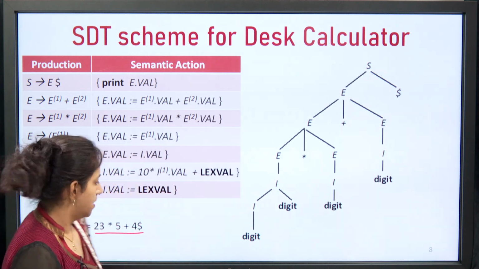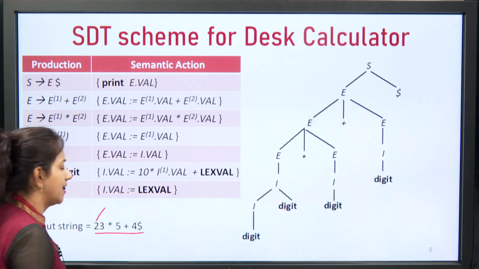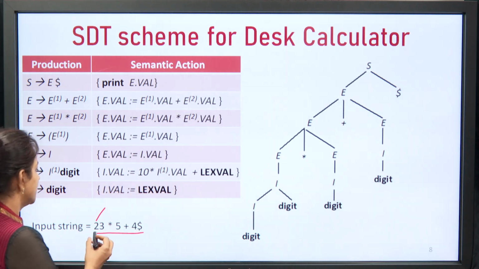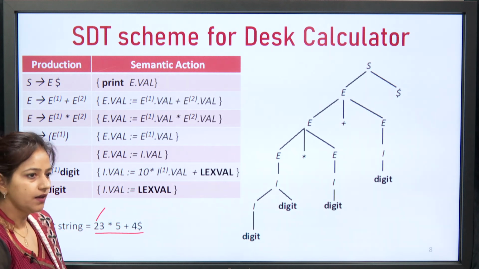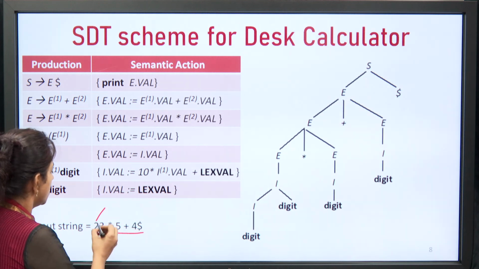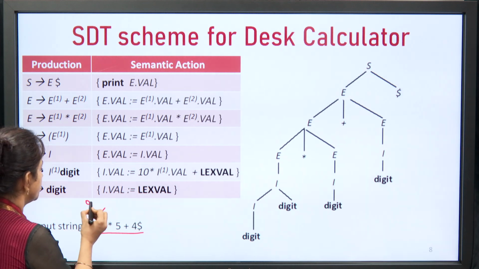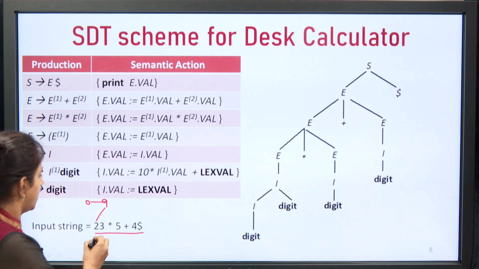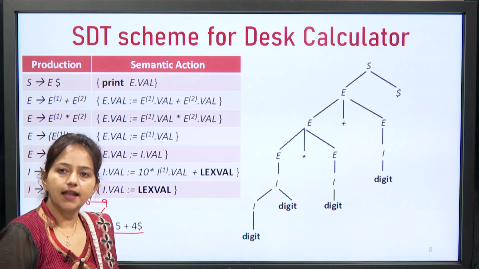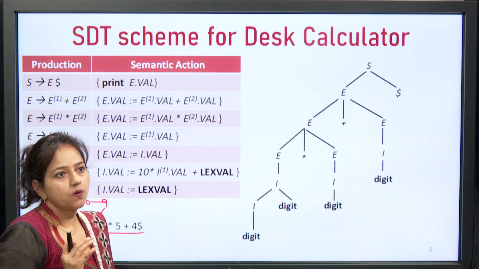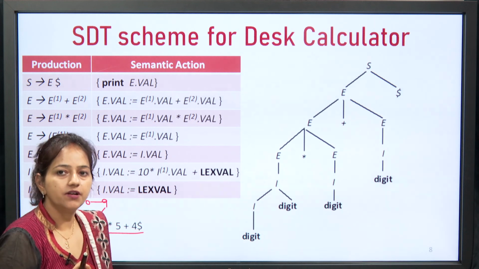Here the lexical analyzer will scan this input string. Now, the first symbol is 2. This 2 is a digit, where a digit ranges from 0 to 9. So, the lexical analyzer will recognize that this is a digit, and the token corresponding to digit will be produced.